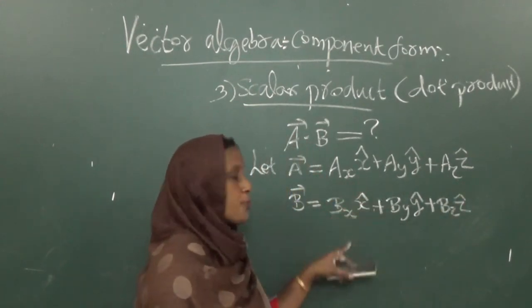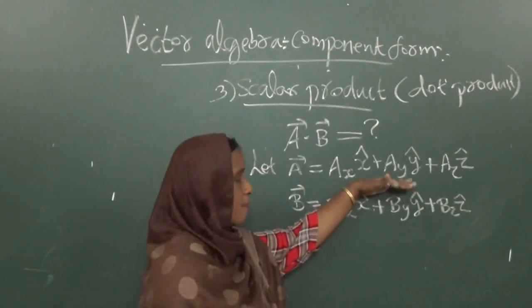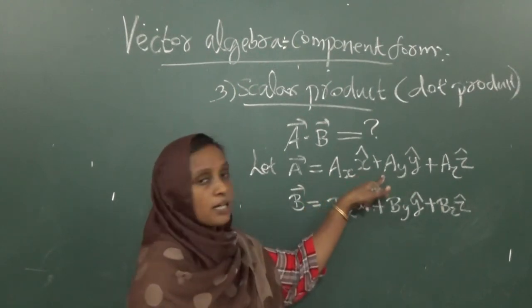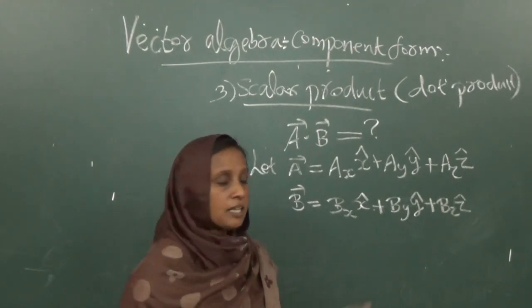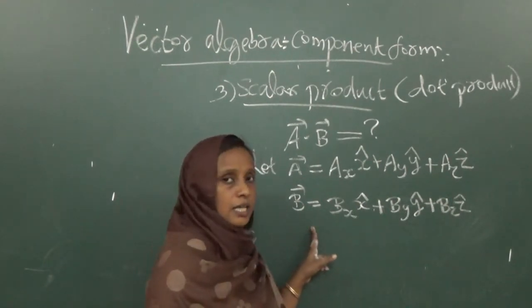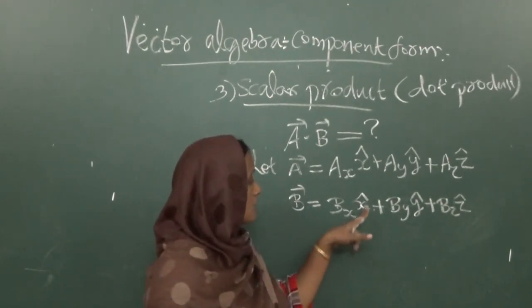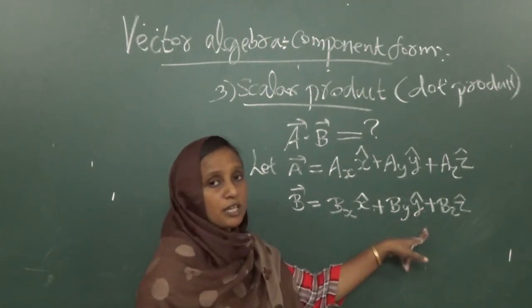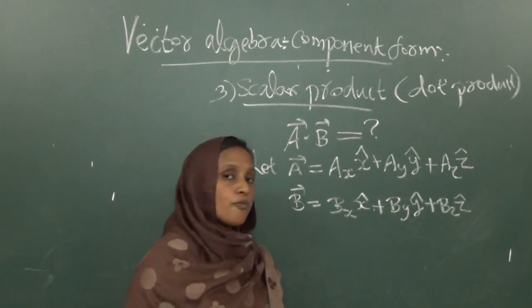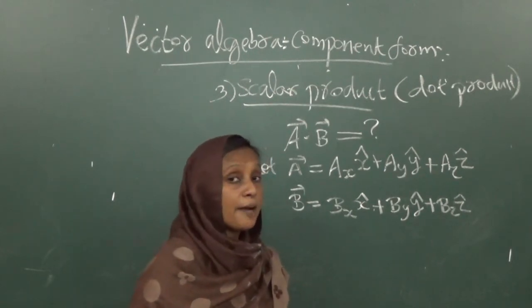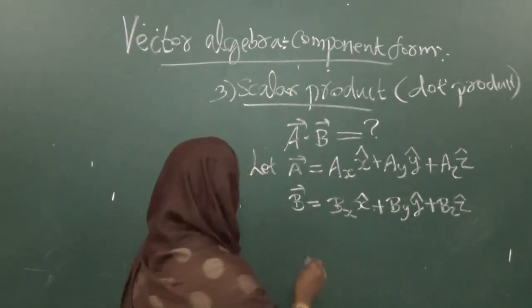So there are two vectors. Vector A in its component form Ax x cap plus Ay y cap plus Az z cap. Similarly, the second vector, vector B in its component form Bx x cap plus By y cap plus Bz z cap. Now we have to find its scalar product or dot product.